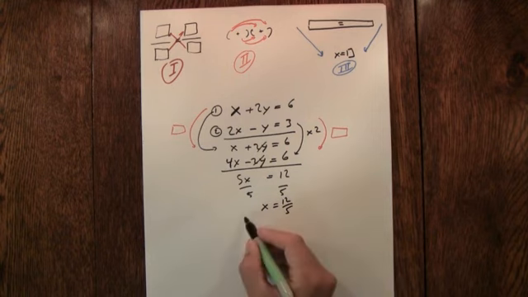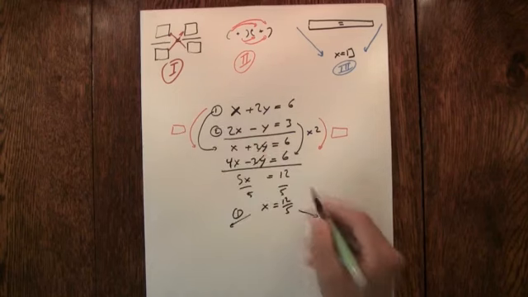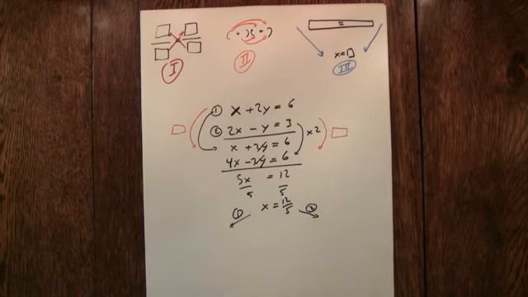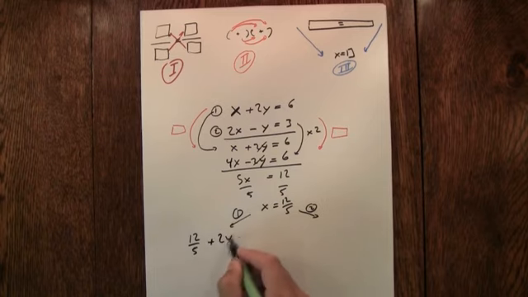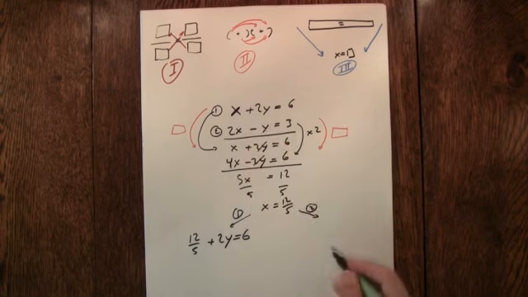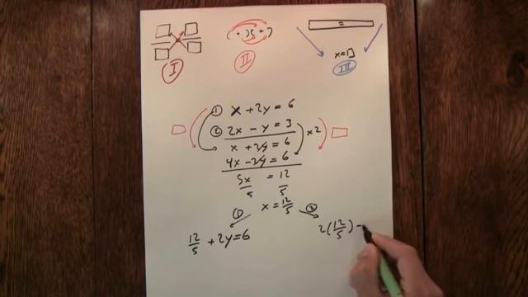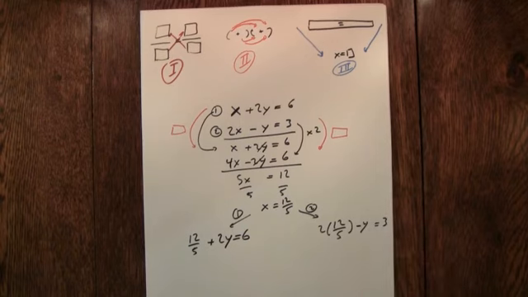So I'm going to plug it into equation 1, and I'm going to plug it into equation 2. Okay. So what we have here is 12 over 5 plus 2y is equal to 6. Plug in into the first equation, right? And this is going to be 2 times 12 over 5 minus y is equal to 3.